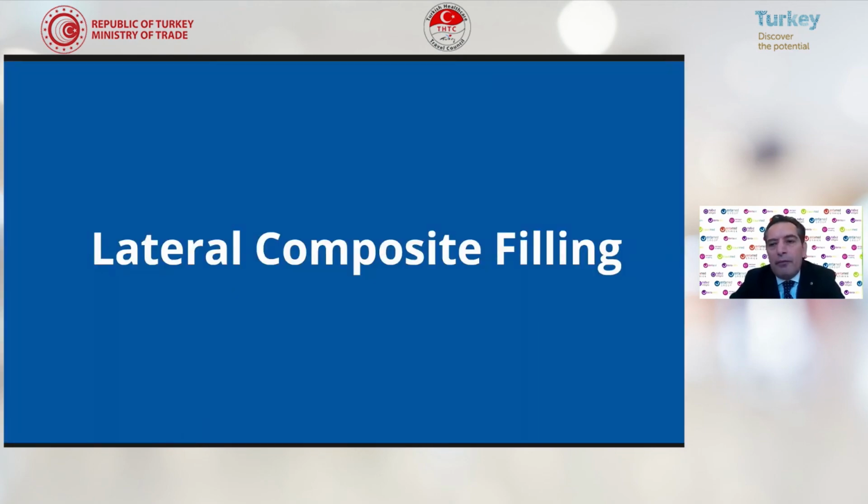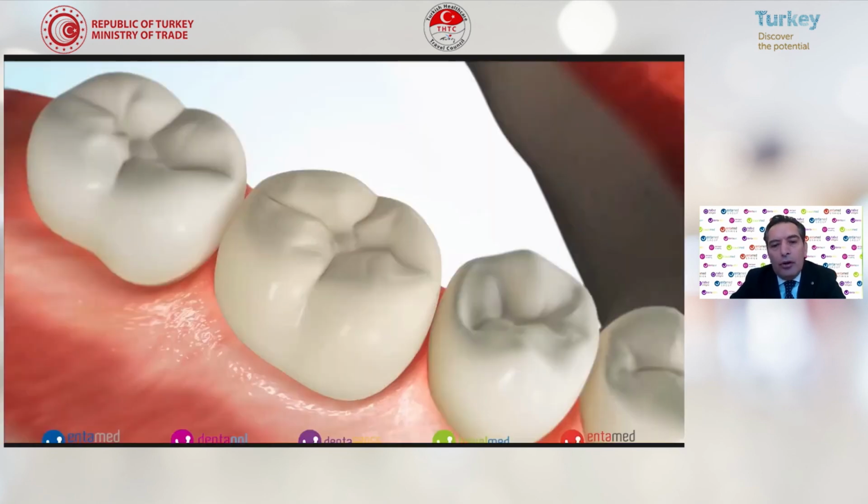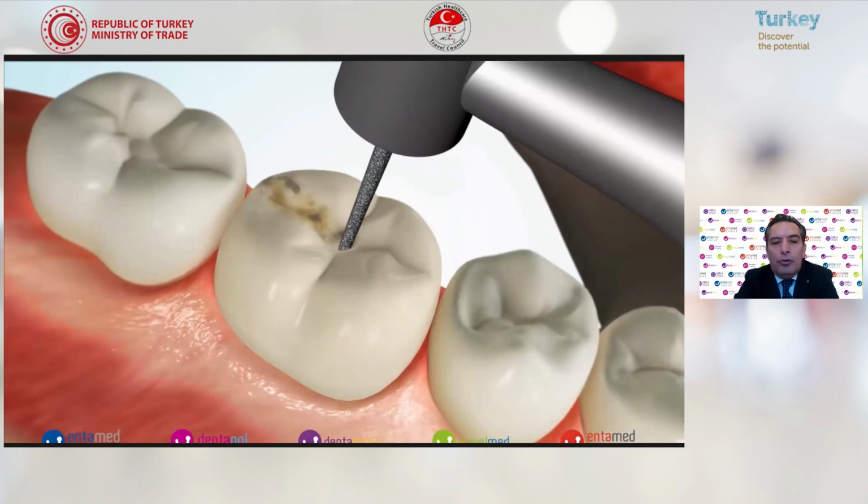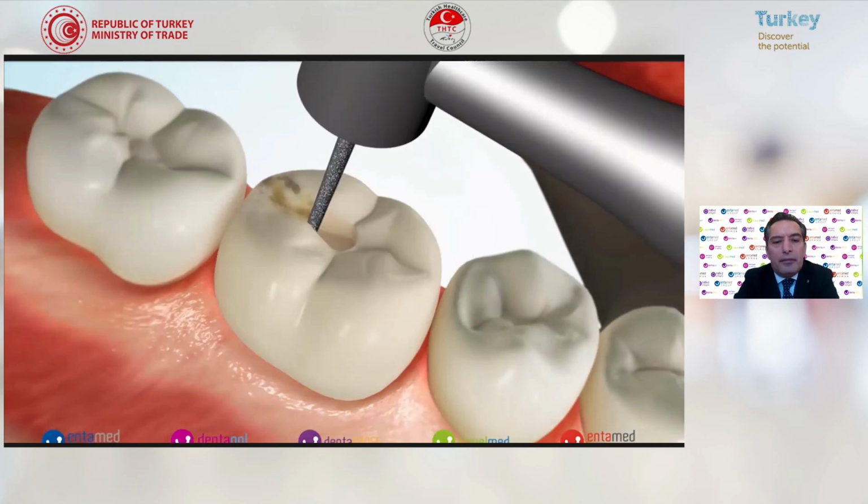We also make some fillings. You see on this teeth, there's a filling, but you don't see any difference between the other teeth. The caries starts, and then you clean the caries.